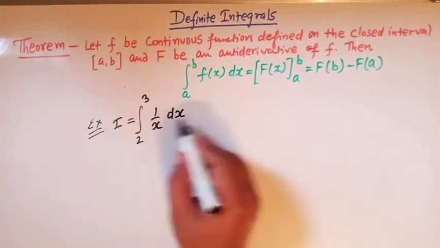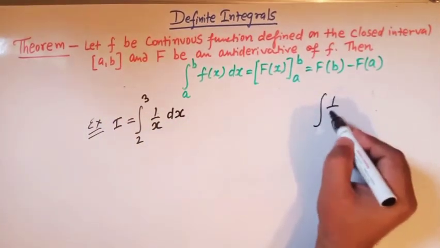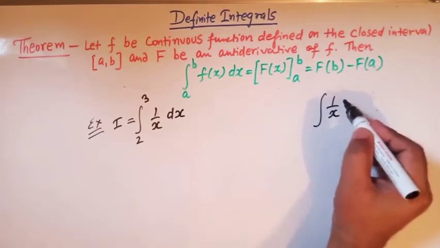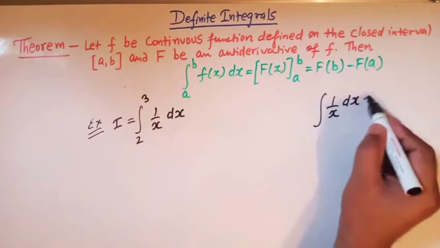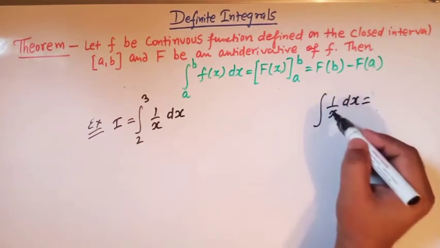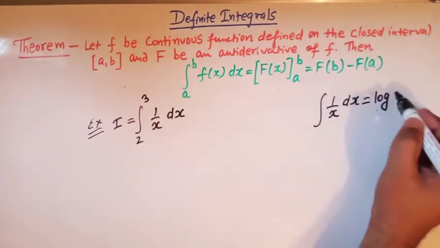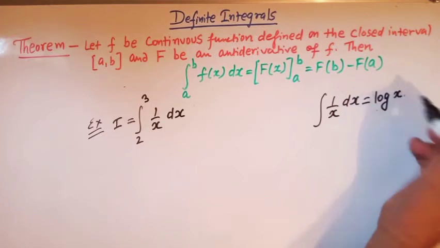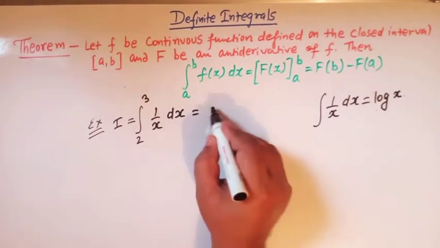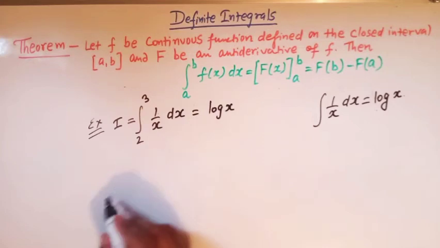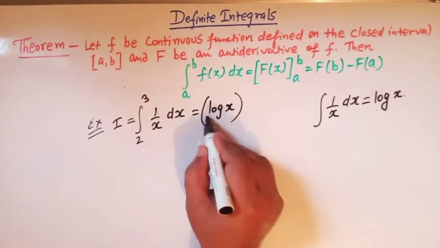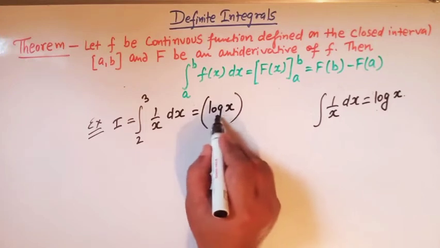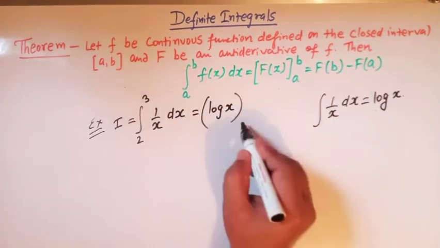Now we know that first we have to find the indefinite integral of this function 1 over x, and we know that the integral of 1 over x is log of x, right? So we write here log of x, and we'll evaluate this antiderivative at 2 and 3.